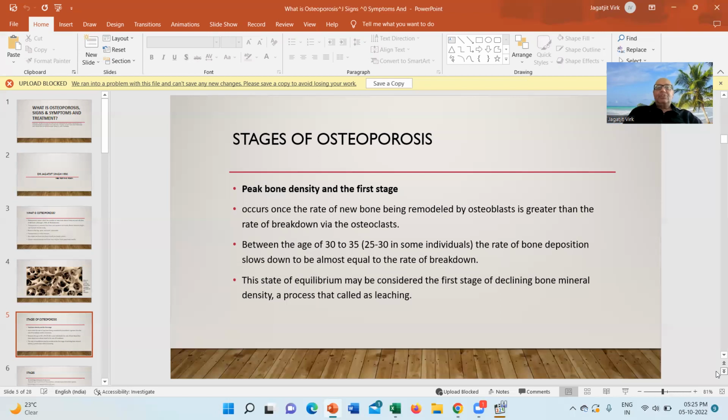This state of equilibrium may be considered the first stage of declining bone mineral density, a process that's called leaching. Because now the formation of bone is stopped and breakdown and regeneration become equal.